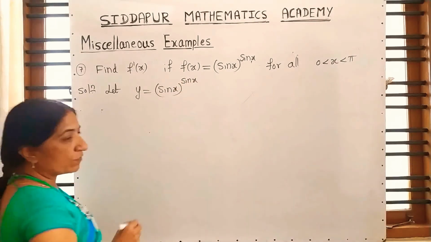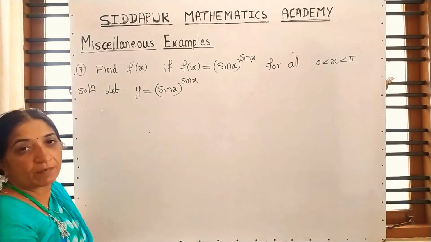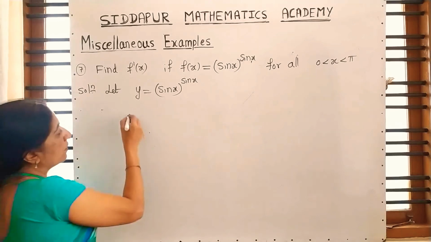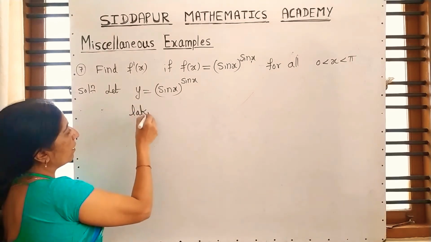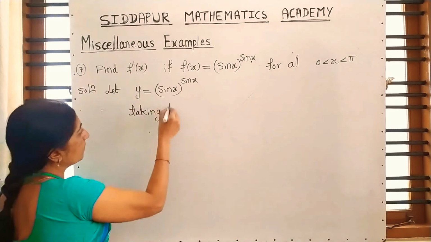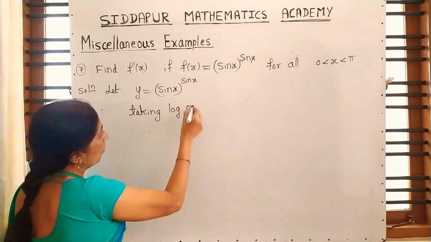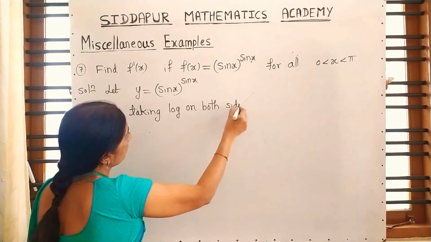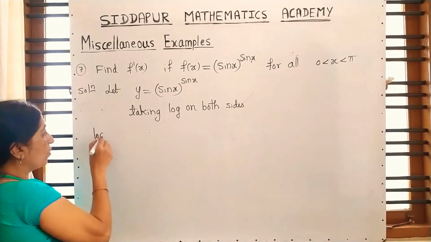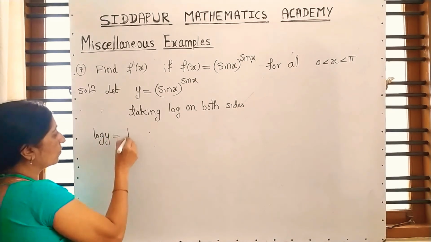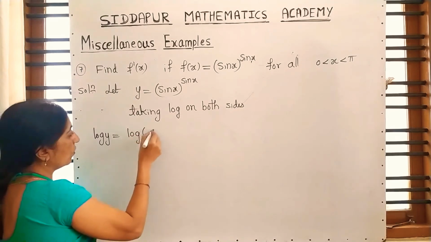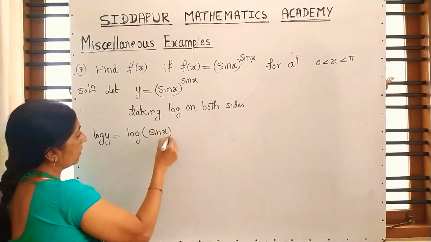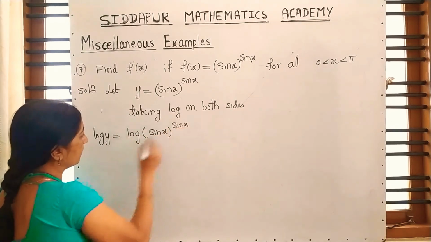And what you are observing, the base is also variable, power is also variable. So, if base and power are variable, taking log on both the sides. Log y is equal to log sin x raised to sin x.